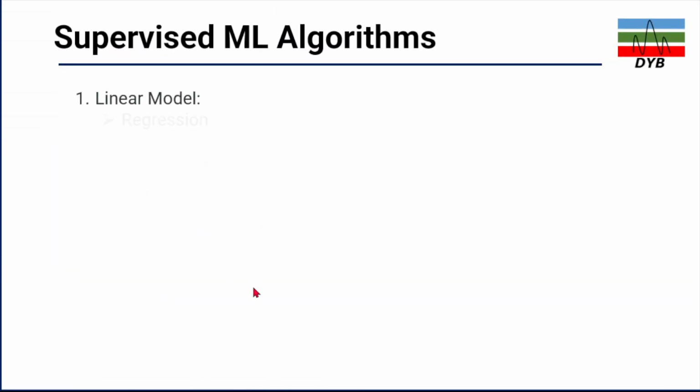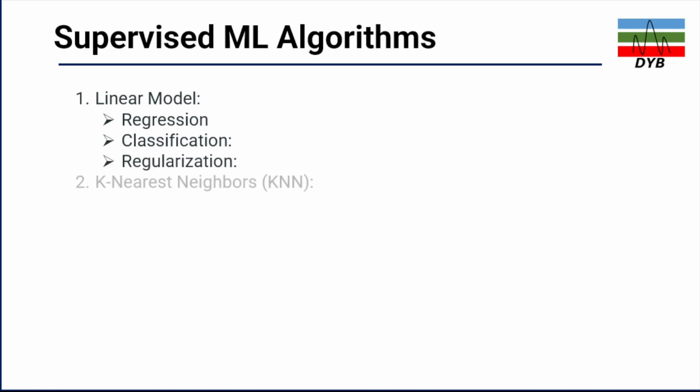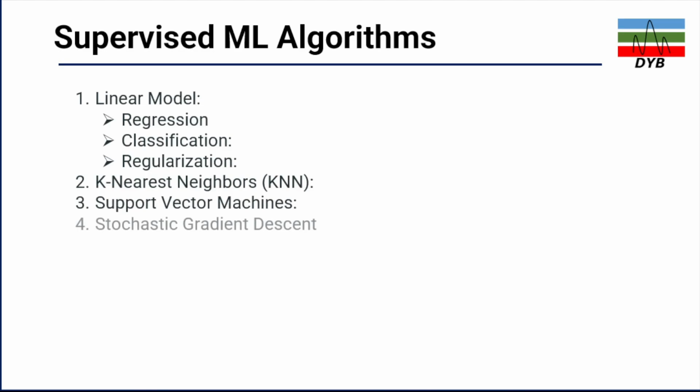If you look at the supervised machine learning algorithms, we have multiple algorithms which have been used around the world. The first one is the linear model. In models, we have regression, classification, and regularization.